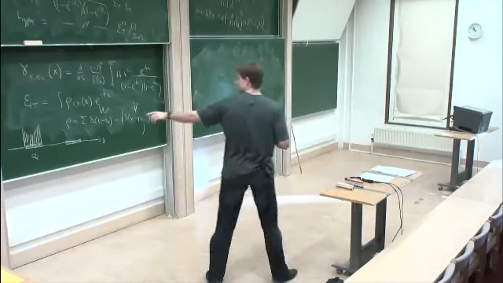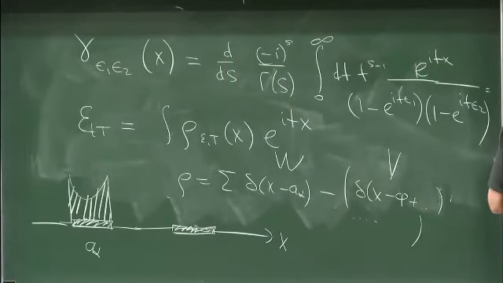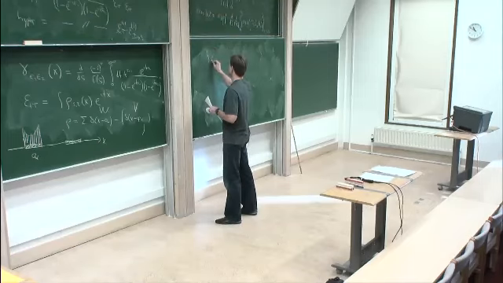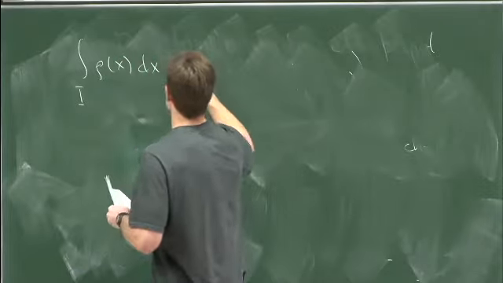Well, just from the definition of the density, you can see that it is restricted by the condition that the integral of rho of x dx over each interval is 1.